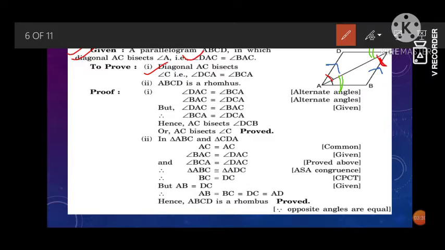So angle DAC equals angle BCA as alternate angles, and angle BAC equals angle DCA as alternate angles. Again, it is given that DAC and BAC are equal. So we can say angle BCA and angle DCA are equal to each other, which brings us to the conclusion that AC bisects angle DCB. So AC bisects angle C. Our first part of the proof is done.